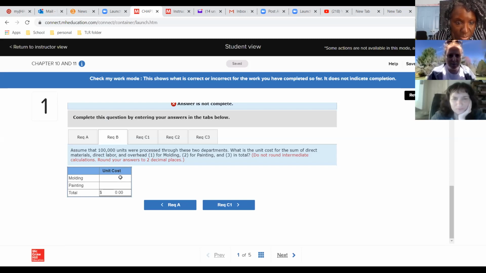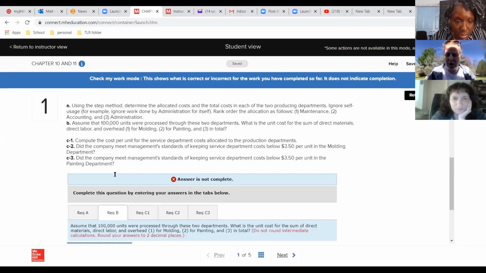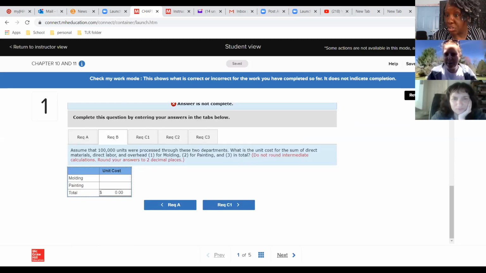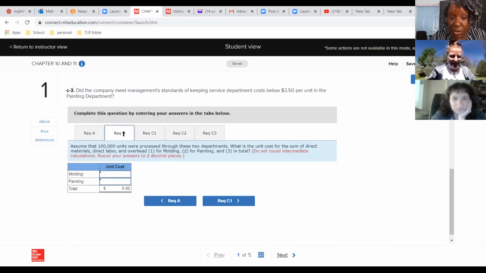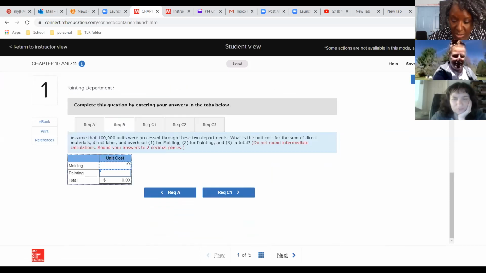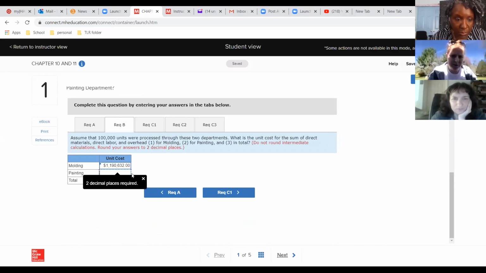The answer is not too bad, actually, because we've actually done most of the work. I'm going to put the cost in here, 1,190,632. And then the painting, we've got 831.